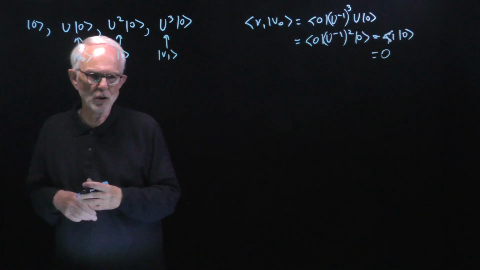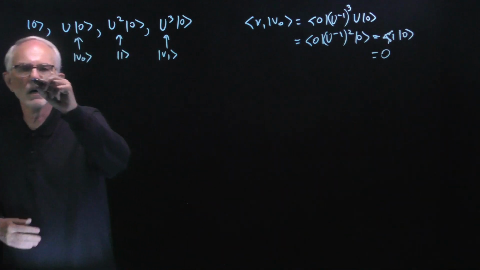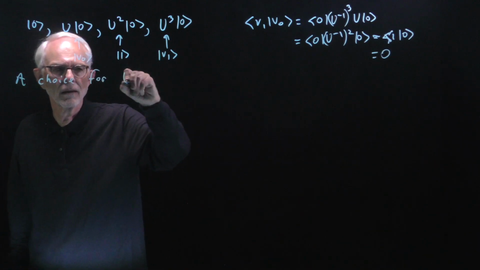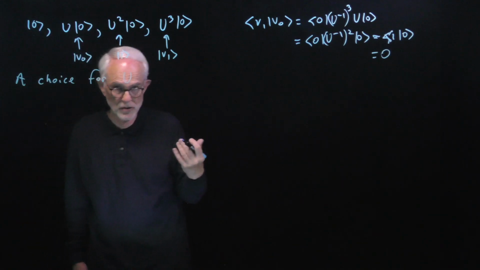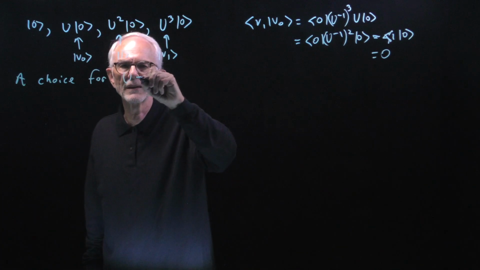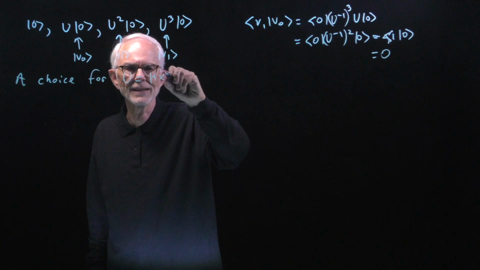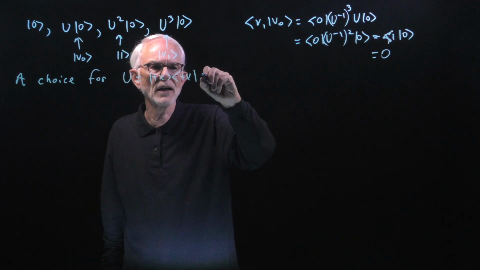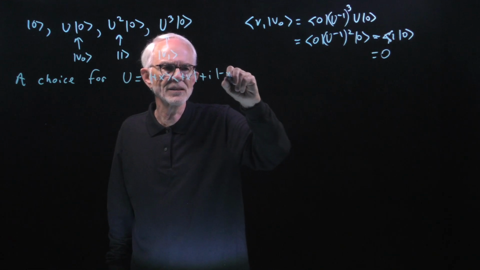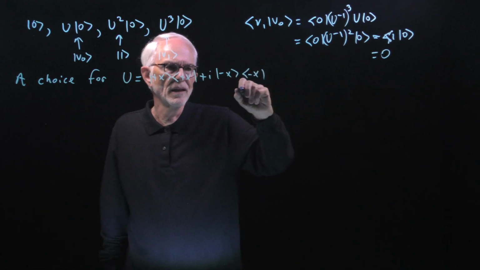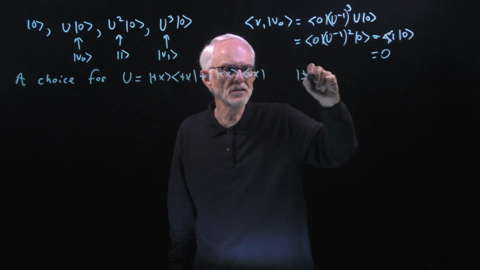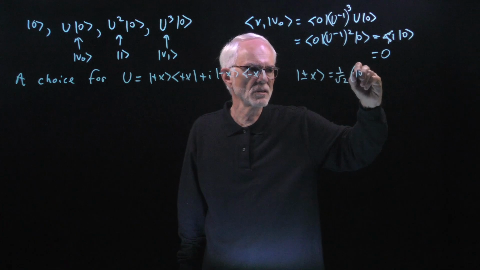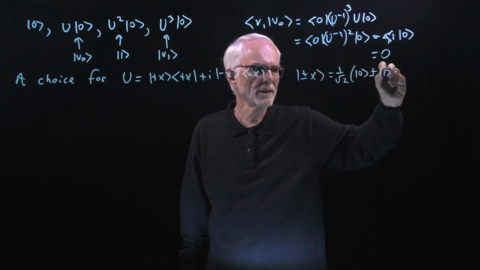And let's just write down U explicitly here. So a choice of U. Remember, U squared is equal to sigma x. One way of making that happen is choosing plus x, and then plus i times minus x, where plus/minus x is equal to 1 over square root of 2 times 0 plus/minus 1.